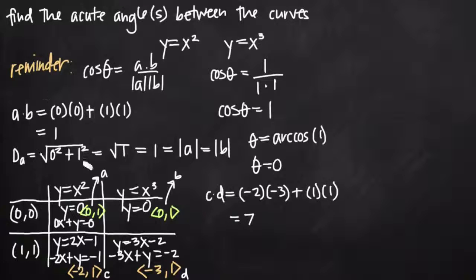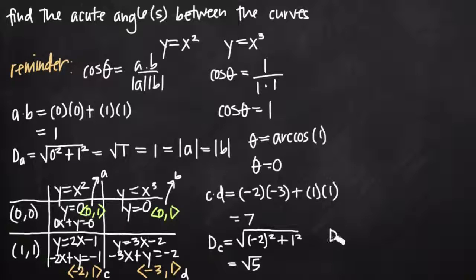Now, we just need to find the length of each vector, so we'll say the distance formula d sub c. To find the length of c, we'll just do the square root of our component values squared. So negative 2 squared plus 1 squared. We took the x component and the y component of this vector, negative 2, 1. And that's going to give us the square root of negative 2 squared, which is 4, plus 1 squared, which is 1. 4 plus 1 is 5, so we get the square root of 5.